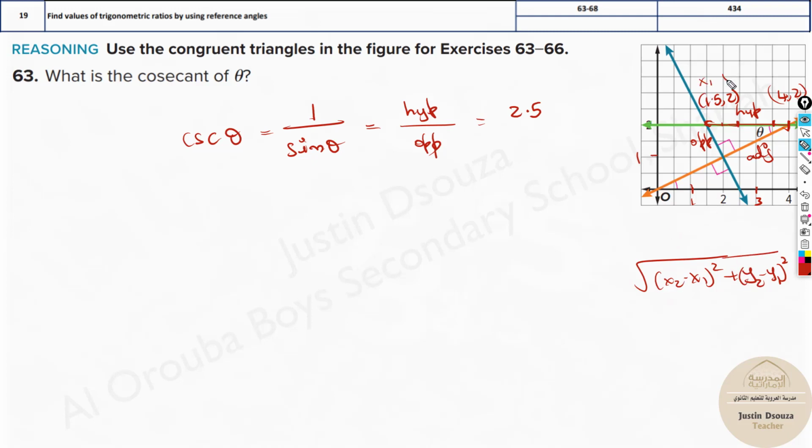You can consider this as x1, y1, x2, y2 and solve it as well. It's an option. But since it's a straight line, I counted it out, only when it's a straight or vertical line. Yeah, you can see it's horizontally inclined on this line, isn't it? So that's why I just counted it.